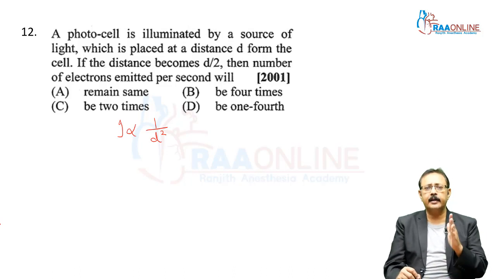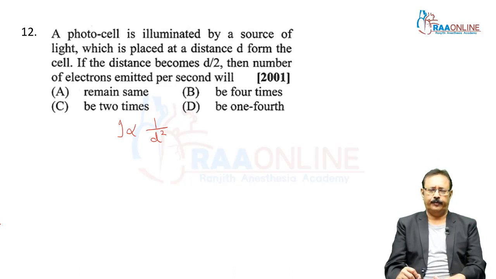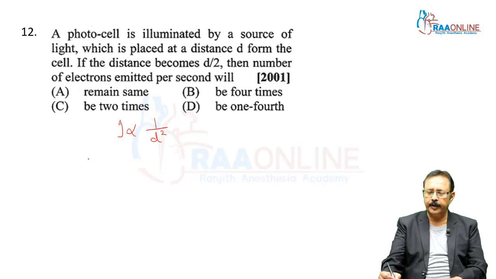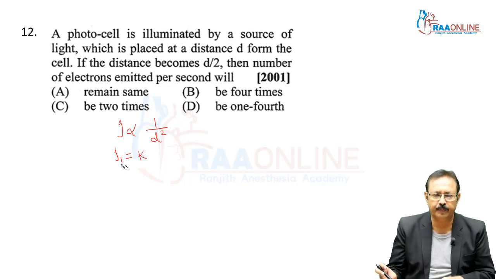If you are making the distance half, what happens to intensity? Orally you can check, but we will do this calculation. It means I is equal to k upon d square.